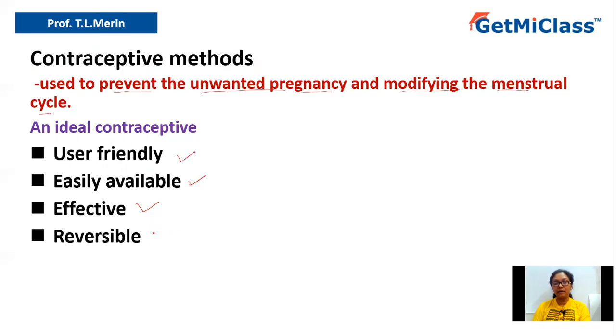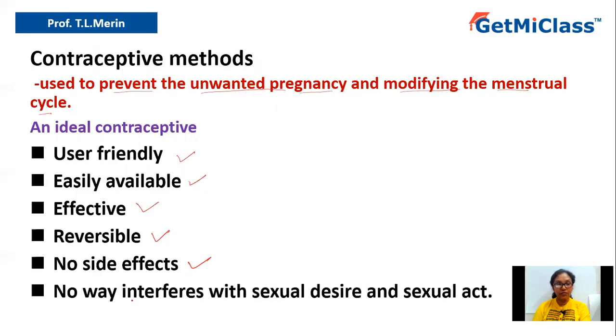In case the family plans for a baby, then it has to be reversible. So that is another important characteristic of an ideal contraceptive. Then no side effects. Whatever the contraceptive method followed, it should not have any side effects, though there are many which have side effects.